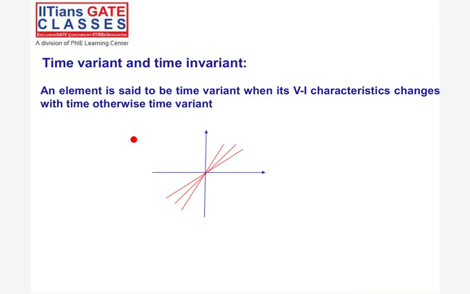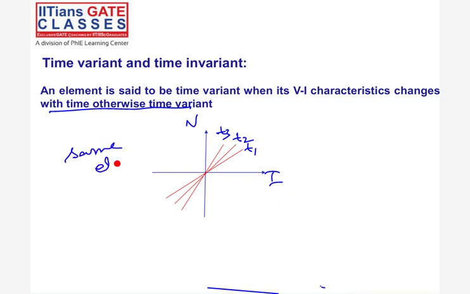Next, time variant and time invariant. If the VI characteristics change with time, it is called time variant. If it doesn't change with time, it is called time invariant. So if these are the VI characteristics of the same element at times T1, T2, and T3, this is called time variant.